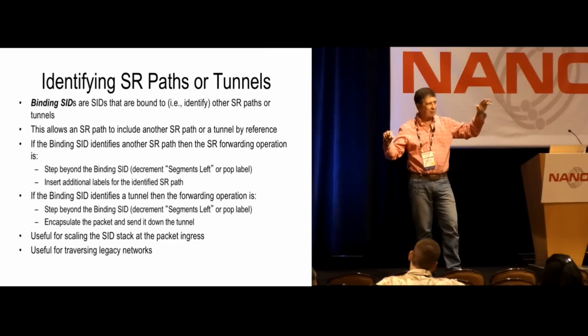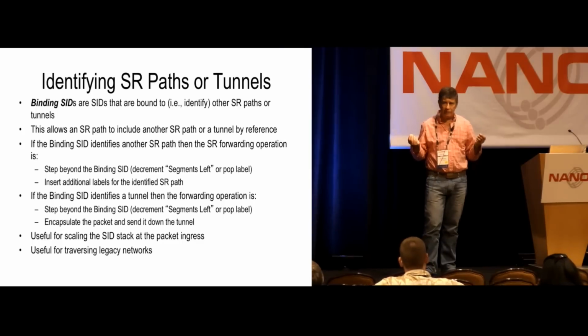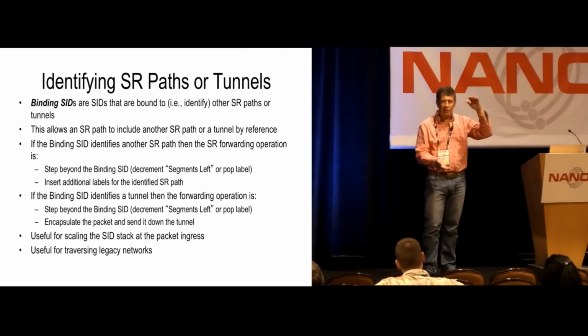So it goes to 1, pops 1, goes to 2, pops 1, goes to 3, pops 1, gets to 4, which brings you to the binding label, and then that makes it push 5, 6, 7, 8, 9, 10. That way, at no point do you have all 10 label stack entries on the stack at once.